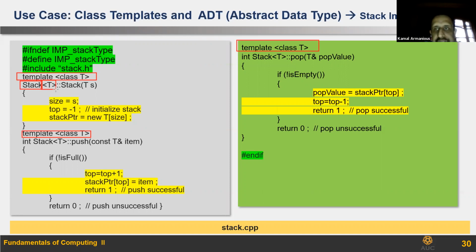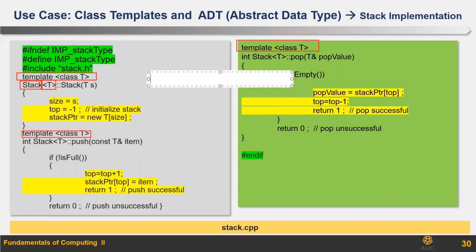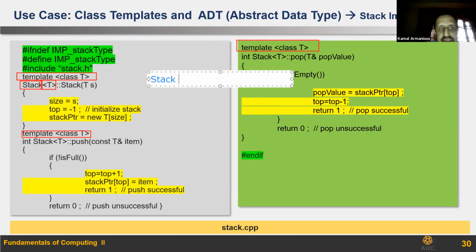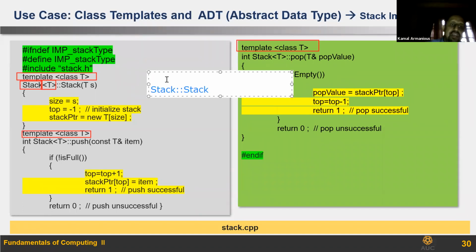Muhammad, are you with me? So previously you were saying stack, this is the constructor, this is the name of the class, and before that you were not putting anything. Now you are putting two new things. The first thing is template class T, and then I will show you how this template class will be used.